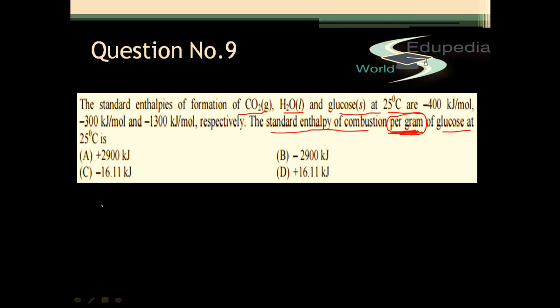Fine. So for calculating the enthalpy of combustion, we know that first of all we have to write the reaction for combustion of 1 mole of glucose. So that is a fairly simple familiar equation, C6H12O6 solid on combustion with 6O2 gas goes to, this is a very standard equation, hydrocarbons on combustion produce CO2 and H2O.